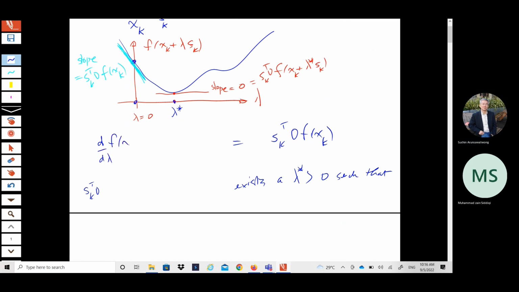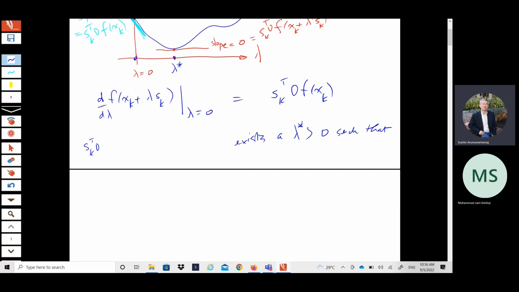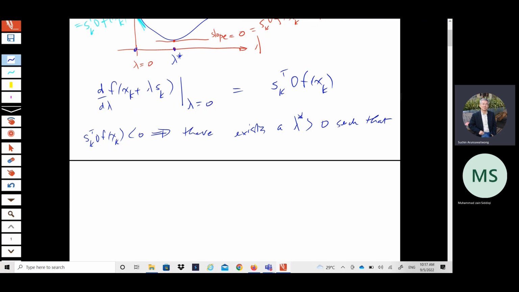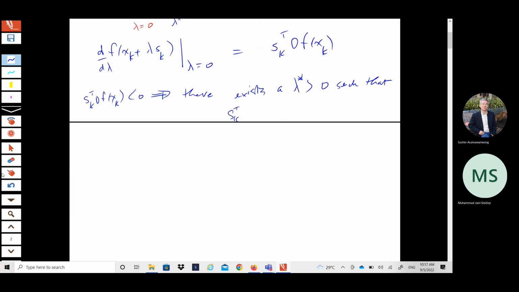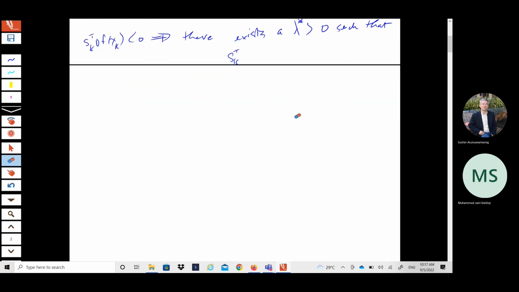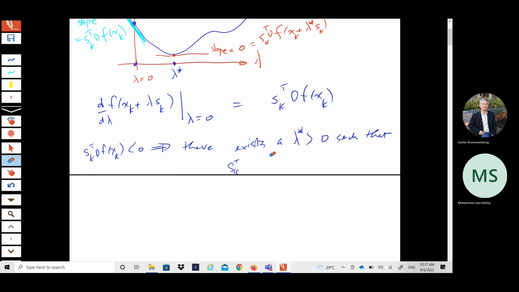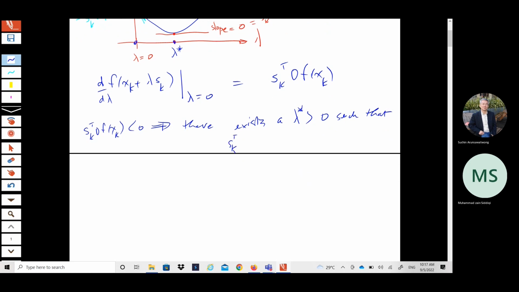Where lambda is equal to 0, the directional derivative is s_k transpose grad f(x_k). If it is negative, this implies there exists a lambda star such that s_k transpose grad f equals 0.